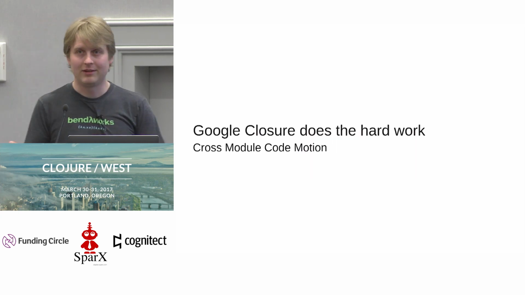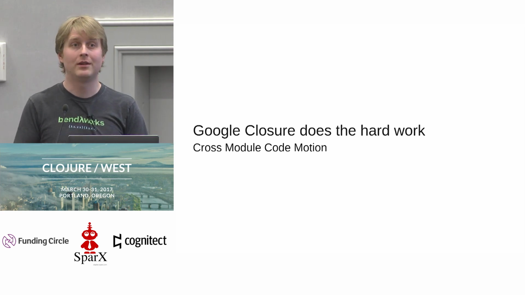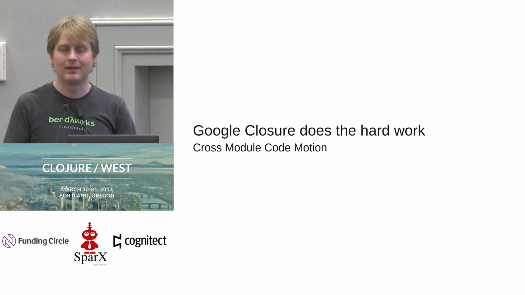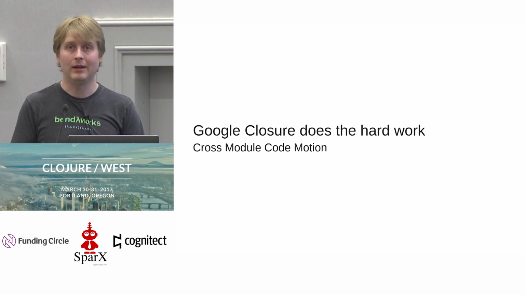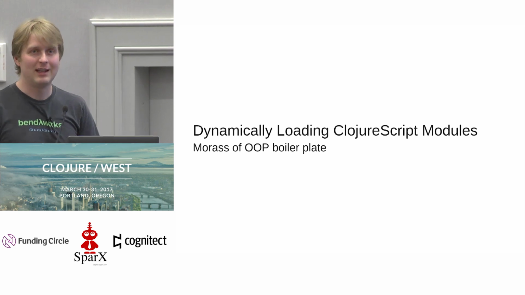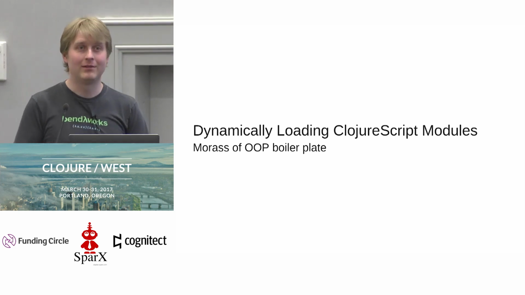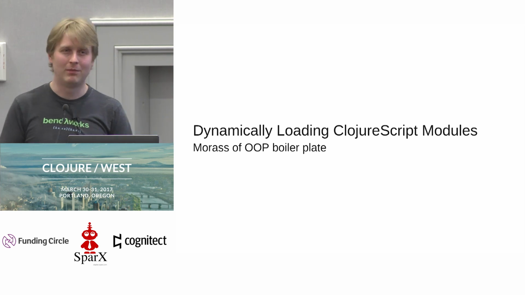Google Closure does the majority of the hard work, and cross-module code motion makes it so that we get good code splits right out of the box. We may have to do a little bit of work to get them optimal, but right off the bat, they are pretty good.